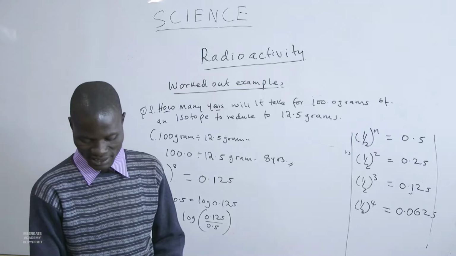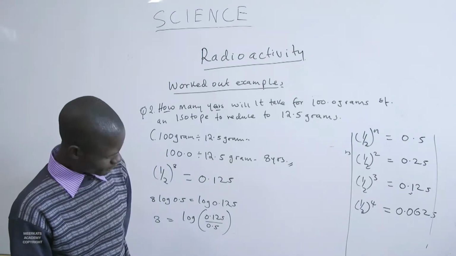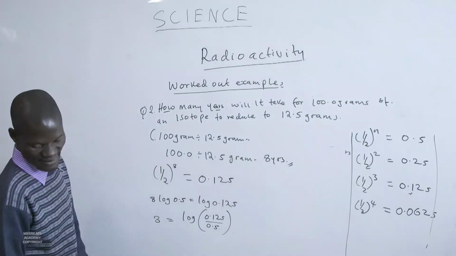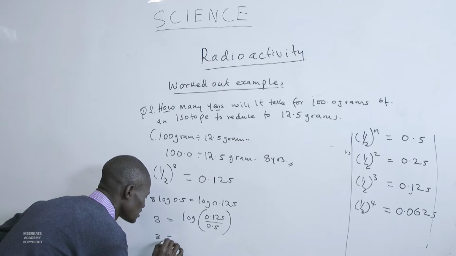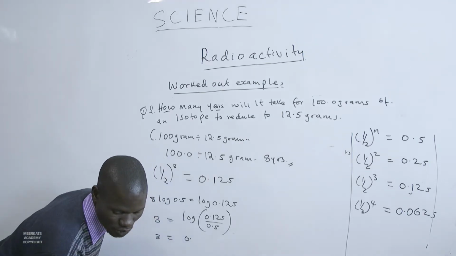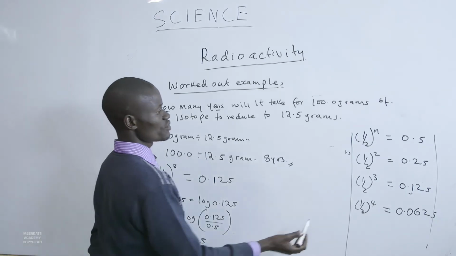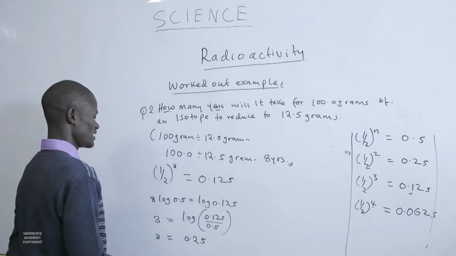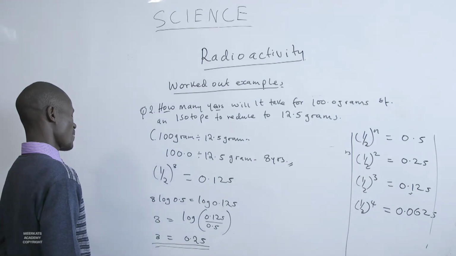Let's try and find out if it will give us the same. We are going to get 0.25. When we bring it to 0.25, it is in the second. It has taken 2 steps.